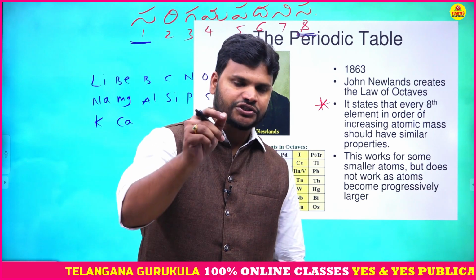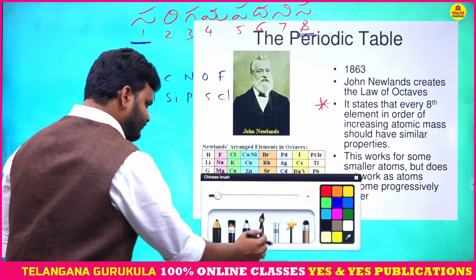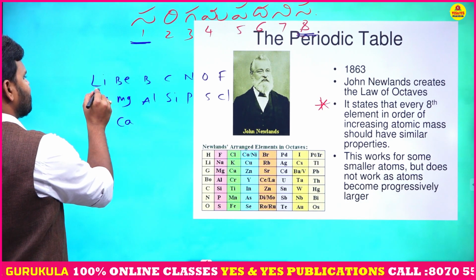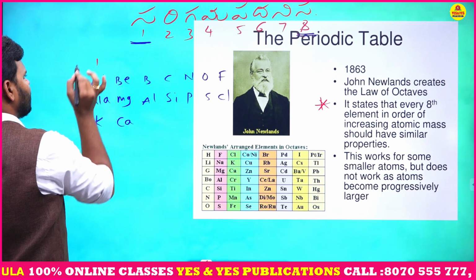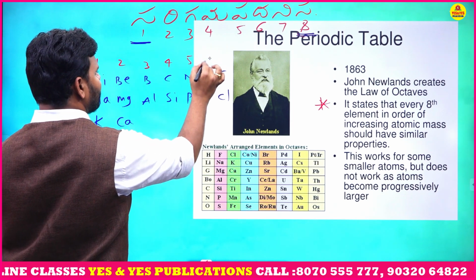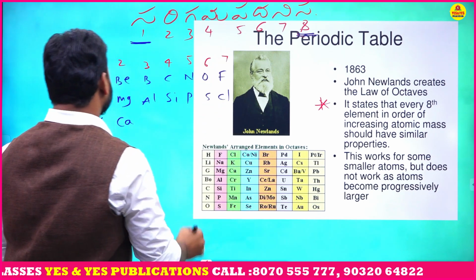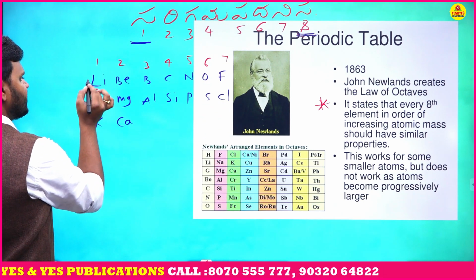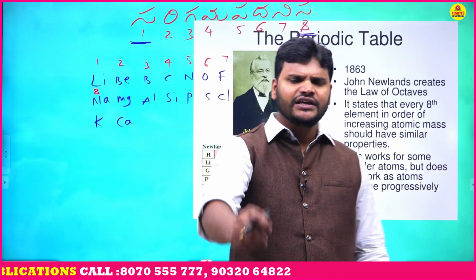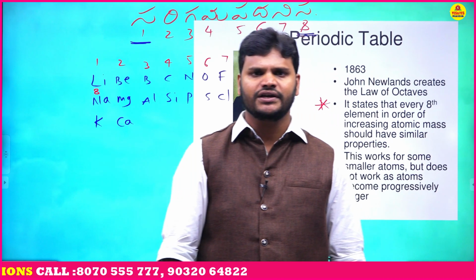Just have a look. What is the first element here? The first element is lithium. 1, 2, 3, 4, 5, 6, 7. What is the 8th element? The 8th element is sodium. So what is the statement? Every 8th element has similar properties.